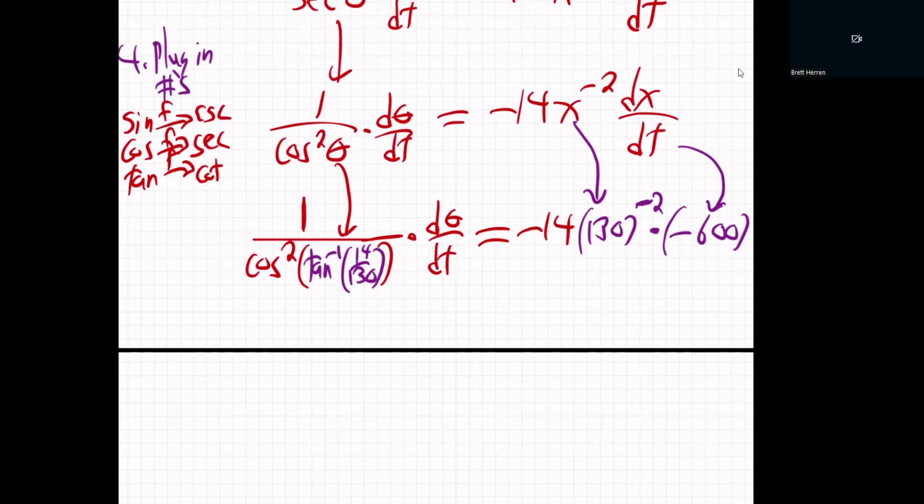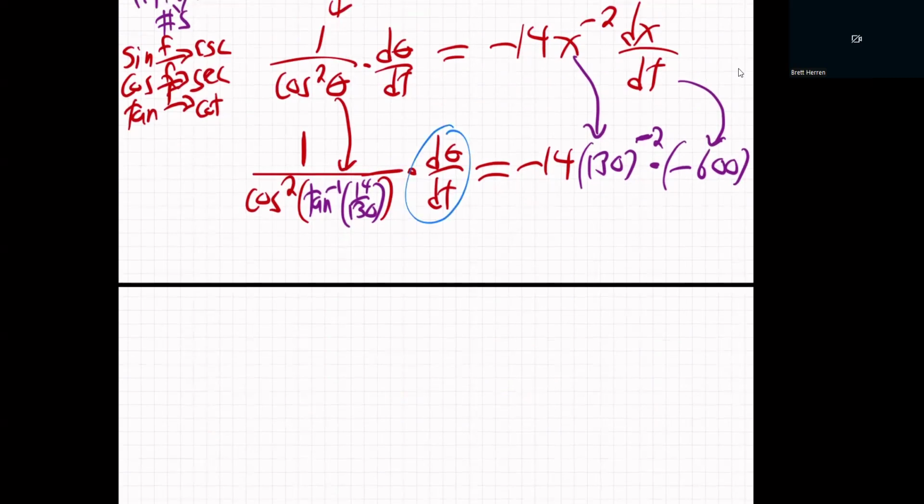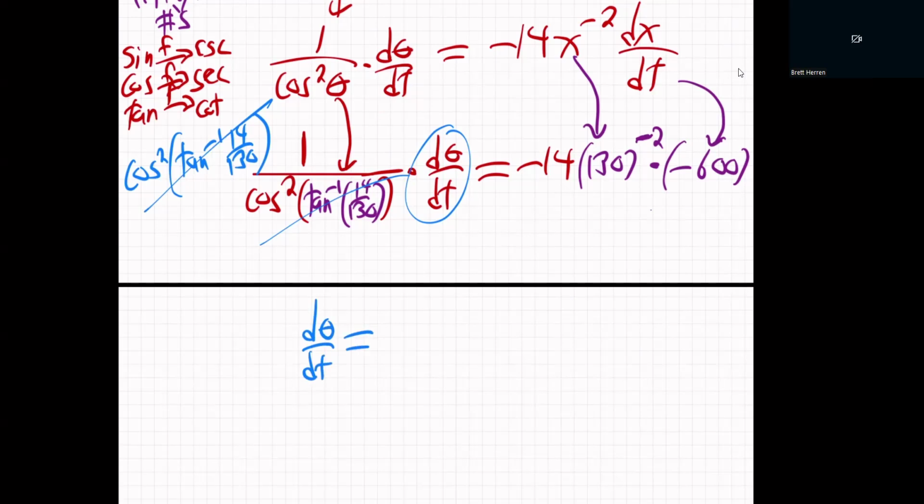So that means we're going to need to multiply to get d theta dt alone. We're going to need to multiply both sides by cosine squared of tangent inverse of 14 over 130. Same thing over there. So then d theta dt, cosine squared, tan inverse, 14 over 130.